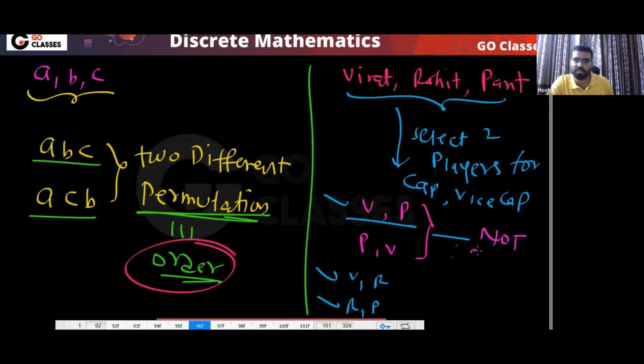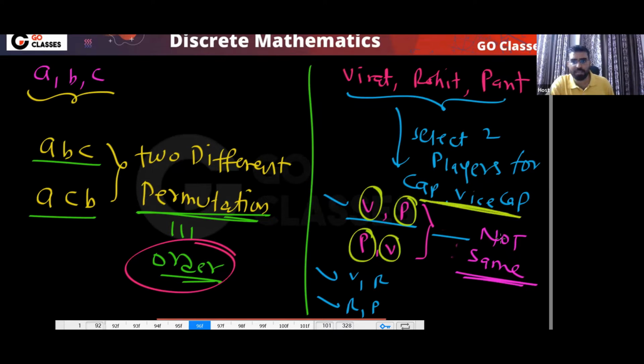Because now Virat is the captain and Pant is the vice captain, and here Pant is the captain and Virat is the vice captain. So you are selecting two players for captain, vice captain. Now order will matter.